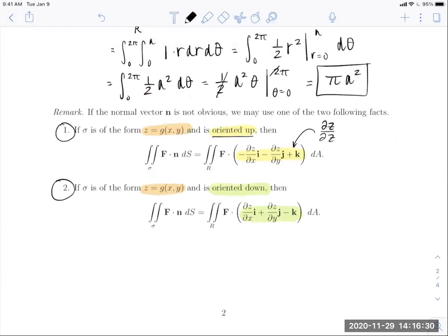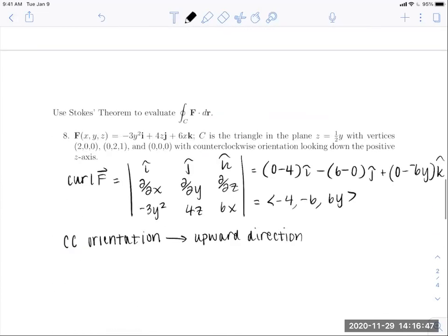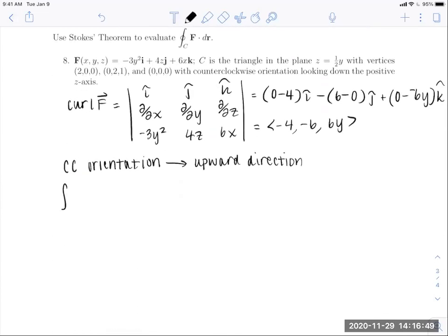So same thing here. This means we're going to be using remark number 1, and we want to use this yellow vector here for our normal. So I want the negative partial z partial x and the negative partial z partial y, and then a positive 1 at the end. So let's go ahead and set this up here.